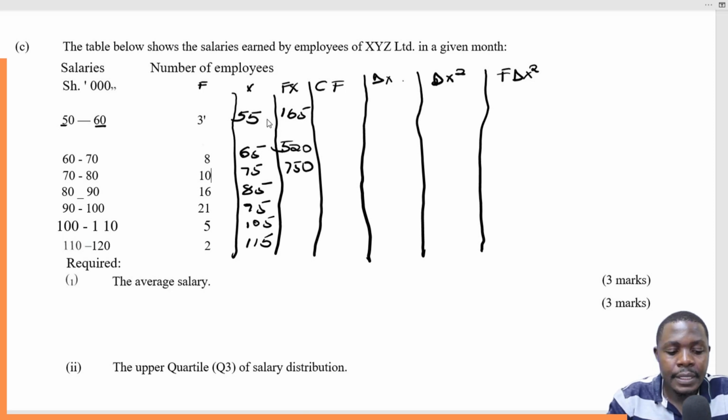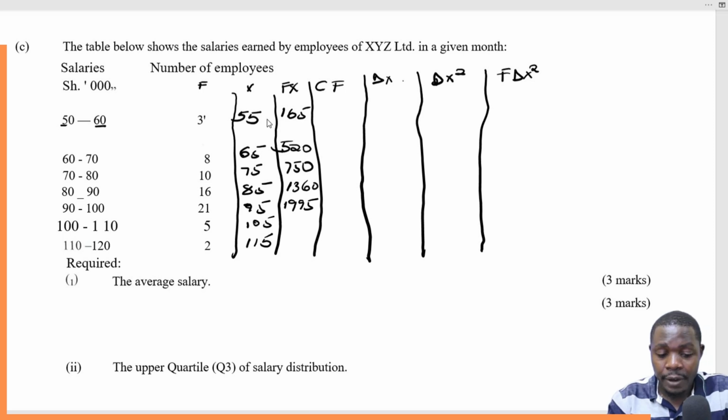16 multiplied by 85, you get 1360, we record 1360. Then this is 95. 21 multiplied by 95, we have 1995.